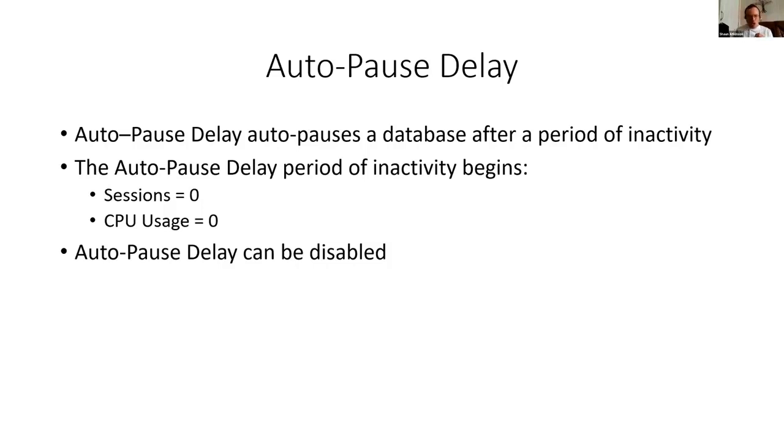In that case, you can still use serverless, because you can disable the auto pause delay. And that means that your database will always be online. The downside of that is you will always be charged for the minimum number of vCores and your storage. You won't get those cost benefits of the database being paused where you're just charged for storage. So it will work out a little bit more expensive to disable the auto pause delay, but you can still by all means use serverless.